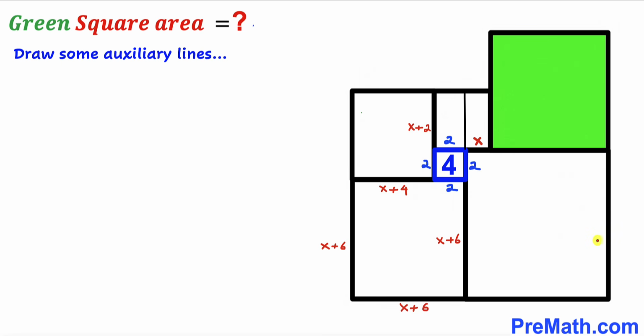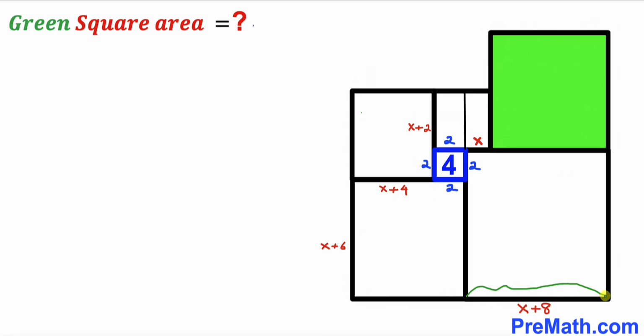Likewise, every side is going to be x plus 8. So the side length of this largest white square turns out to be x plus 8.